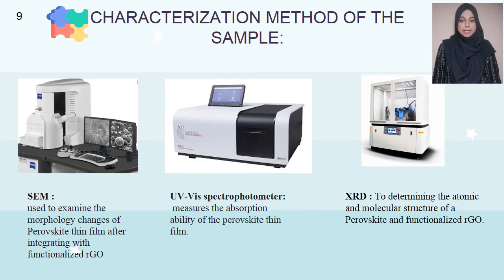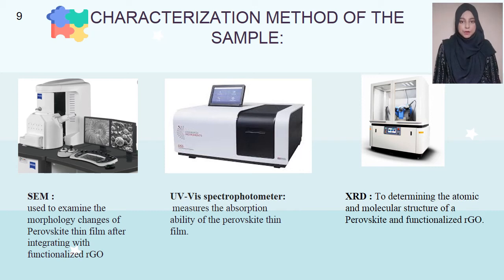Characterization method: I'm going to use 3 types of characterization methods in my project. First is scanning electron microscopy, SEM, to examine the morphology changes of the perovskite thin film after integration with the functionalized reduced graphene oxide. Second, UV visible spectroscopy.